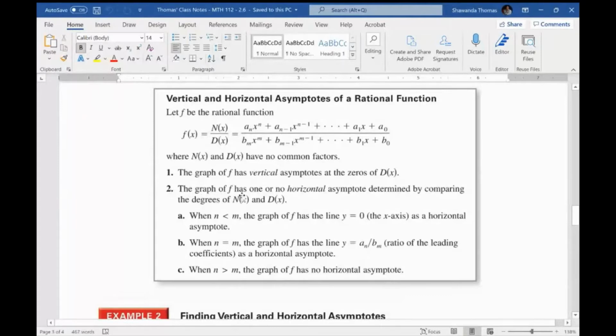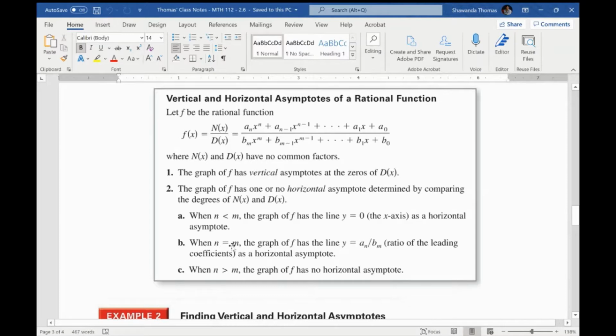All right, let's talk about the horizontal asymptote. The graph of f has one or no horizontal asymptote determined by comparing the degrees of n of x and d of x. When the degree of the numerator is less than the degree of the denominator, the graph of f has the line y equals 0, or the x-axis, as a horizontal asymptote.